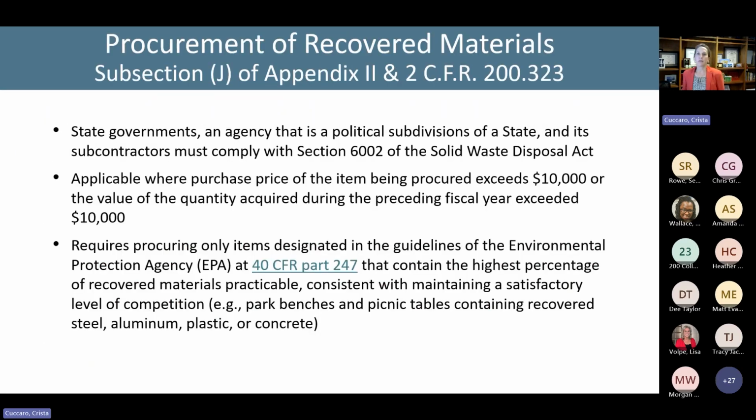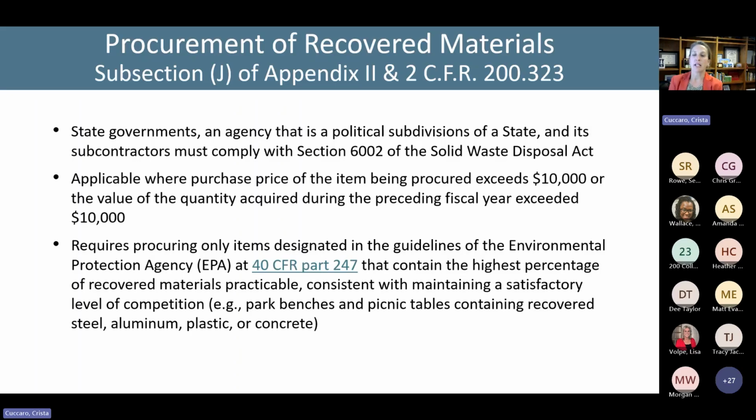You also have procurement of recovered materials, subsection J. And so think of this as kind of like sustainability requirements and encouragements. So state governments, an agency that is a political subdivision of the state, and its subcontractors have to comply with Section 6002 of the Solid Waste Disposal Act. And so that applies where we've got a purchase of an item, so we're talking commodities here, exceeding $10,000.